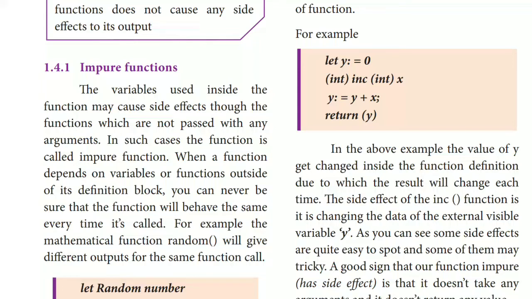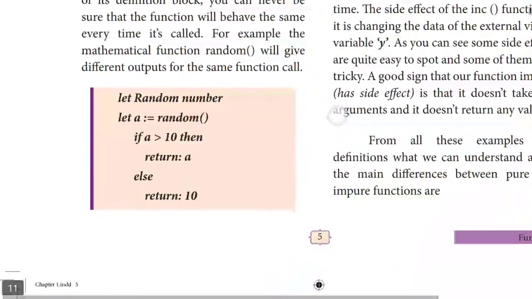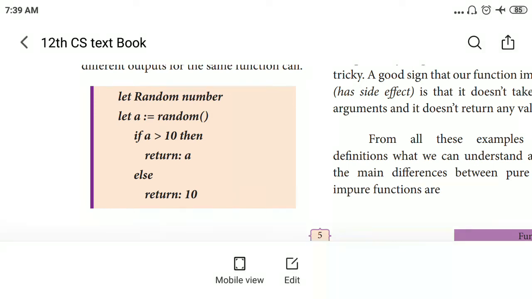Here you can see they have given a random number function, which provides random numbers based on the value that you give. You are giving input to the random number function, but you'll be getting different values for the same input.